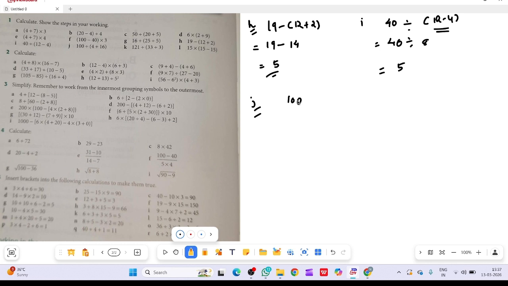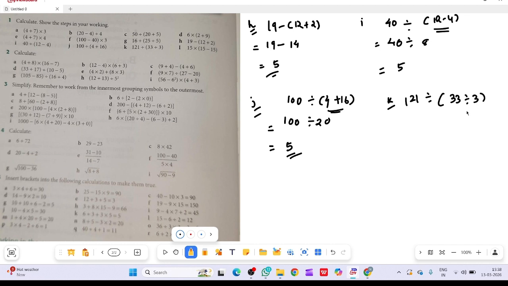Then j: 100 divided by 4 plus 16. So 100 divided by 20, which will be equal to 5. And then k: 121 divided by 33 divided by 3.